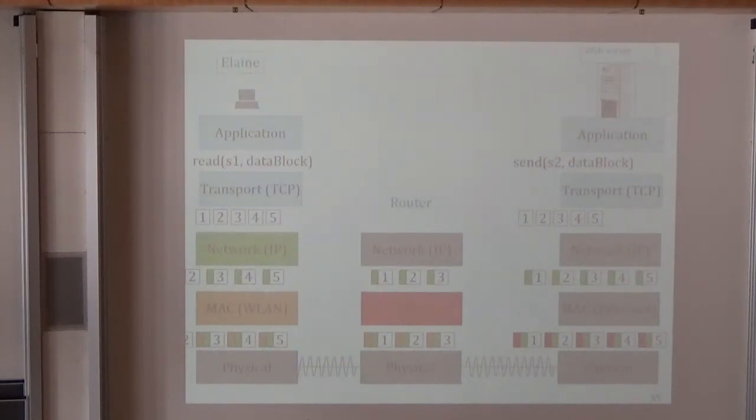Your application program may be a web browser that is rendering a page, including the photos, and the software that displays the photos, for example, does it by reading block by block. Now, the blocks that are read from TCP on the left are, of course, eventually the blocks that were sent by TCP on the right, but the boundaries between the blocks need not be the same.